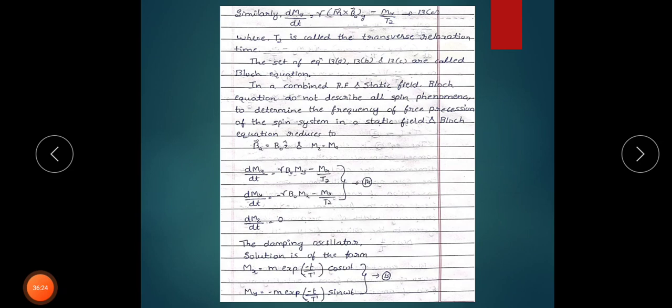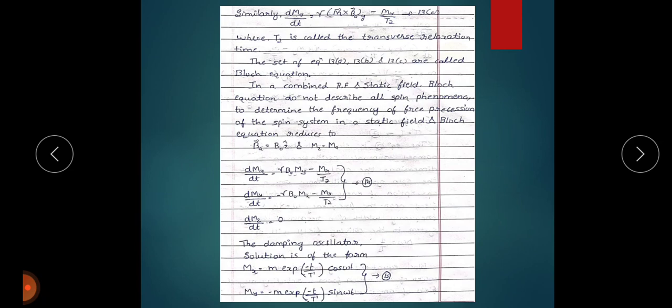Next, in a combined RF and static field B0, the Bloch equations do not describe all the spin phenomena, such as spin relaxation and spin-lattice relaxation.